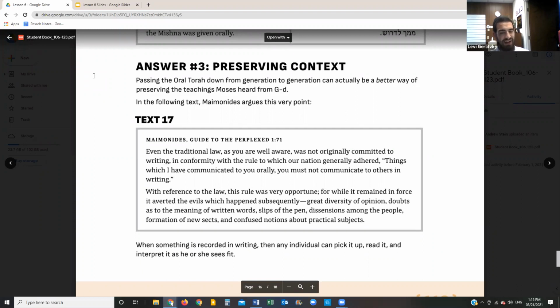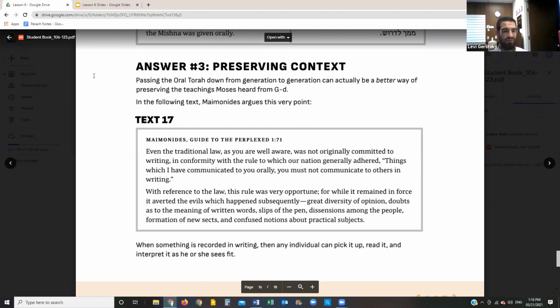We want this doctor to have the same medical standards as the enlarged medical community. So too, preserving the oral Torah allows for this same idea. We don't just want someone to read the text and decide they know what God means.